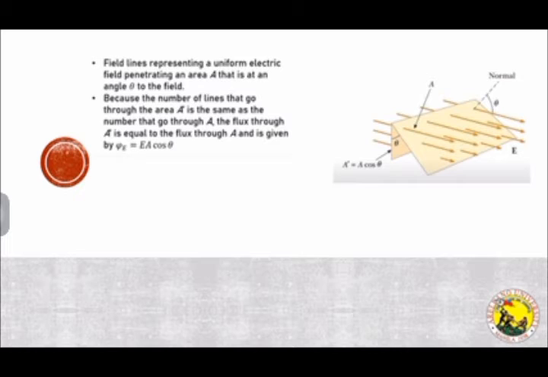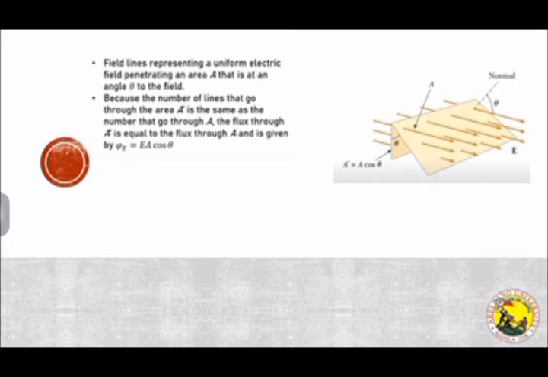Because the flux through A equals the flux through A prime, we conclude that the electric flux is equal to E times A prime, which equals E A cosine theta.